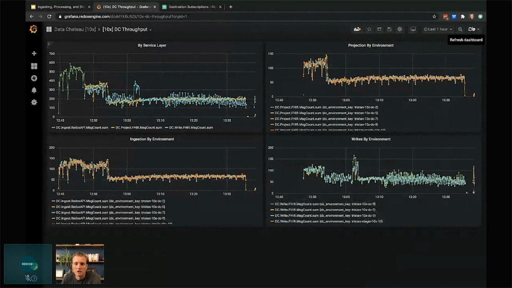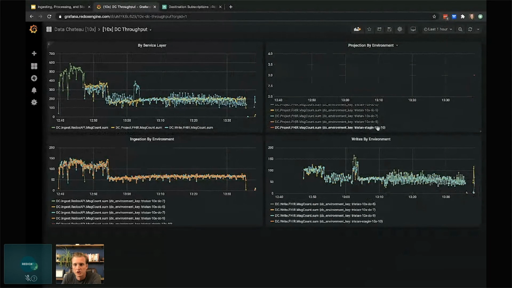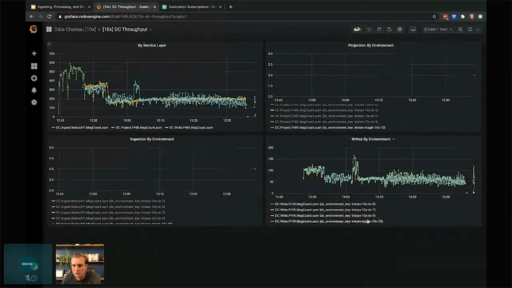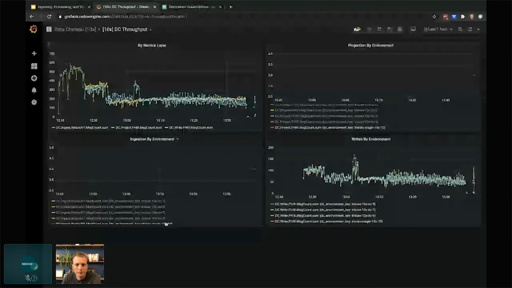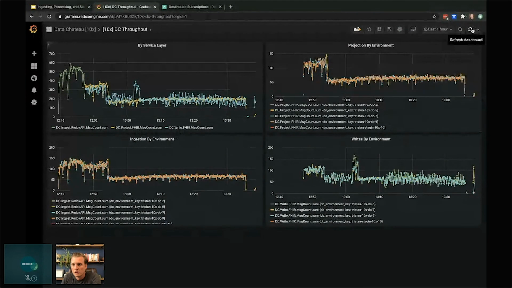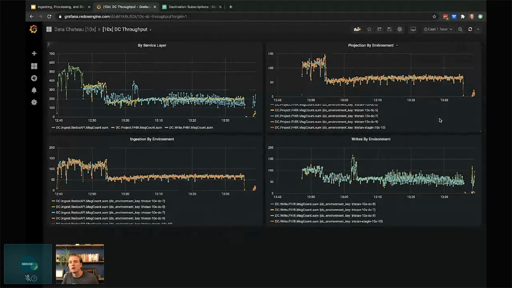Yeah, and so what we're starting to see is data flow into our data on demand ecosystem. We've got a number of things starting to get ingested, and we can see our new environment has showed up in our metrics. What you're seeing right now is 10,000 patient admin events being sent to 5 different data on demand environments.